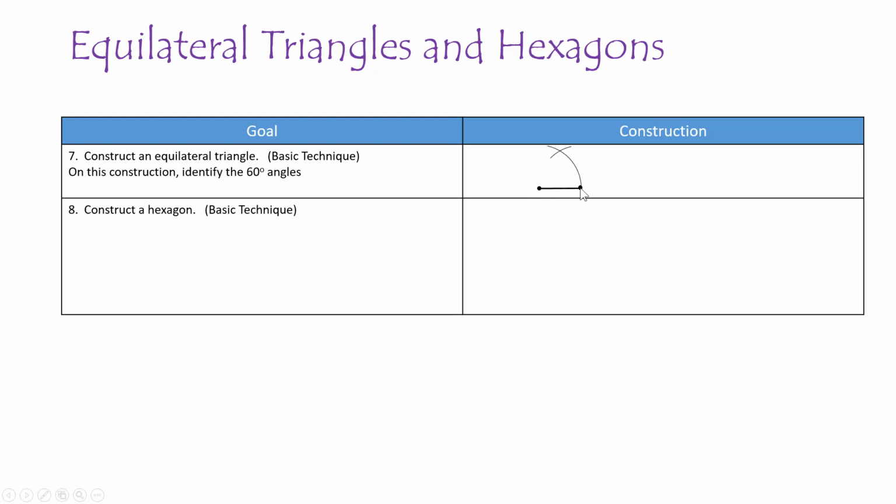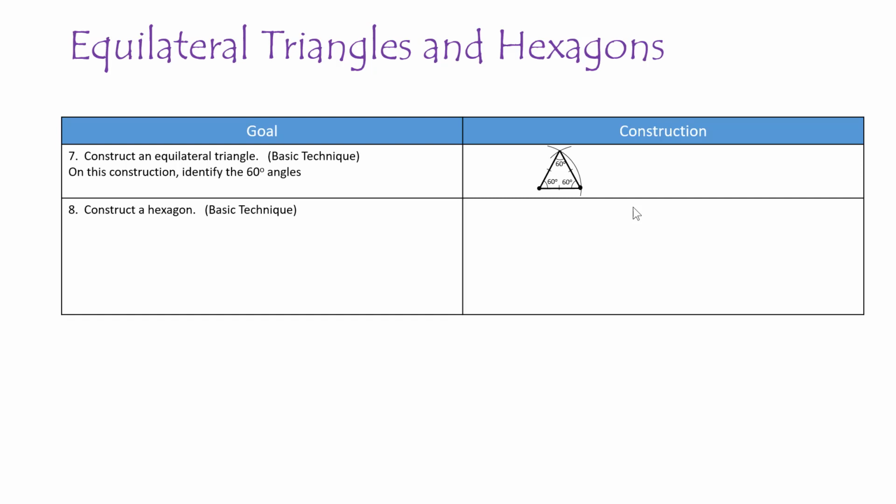And so you don't have to change the setting of the compass at all. You just make the sweep, and then don't change the setting, and make the crosshatch, and that's it. And you have an equilateral triangle where all the sides are the same. Now, if you need to make a 60-degree angle, this is how you do it. You do an equilateral triangle, and each of the angles is 60 degrees.